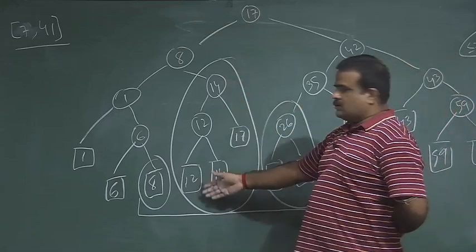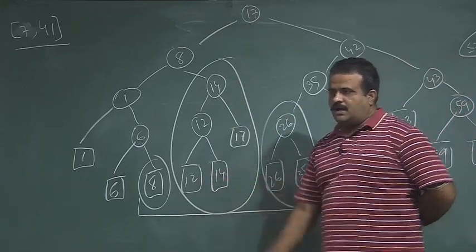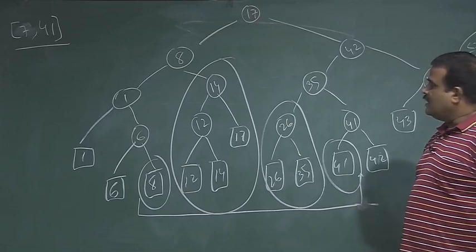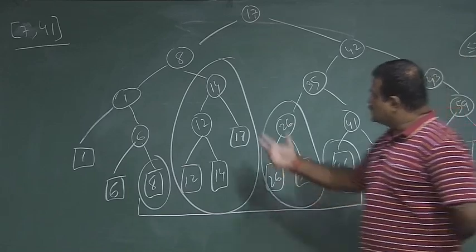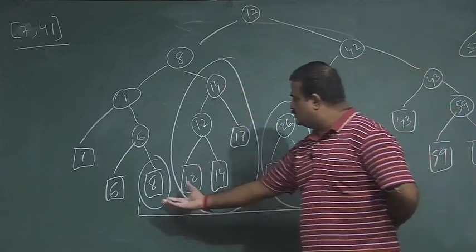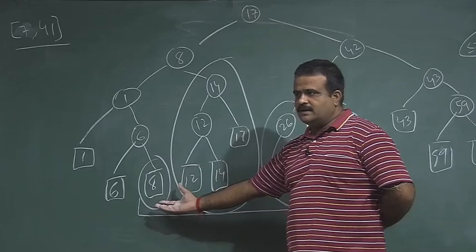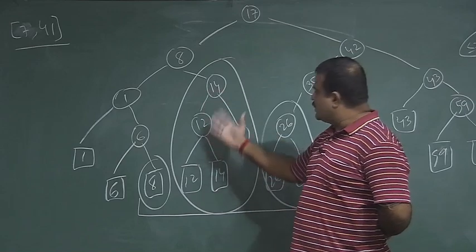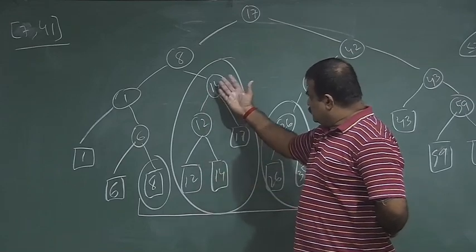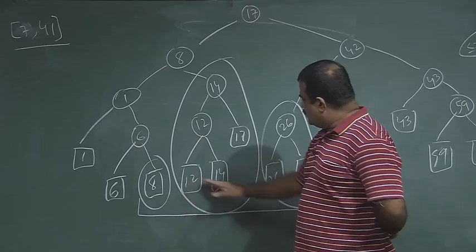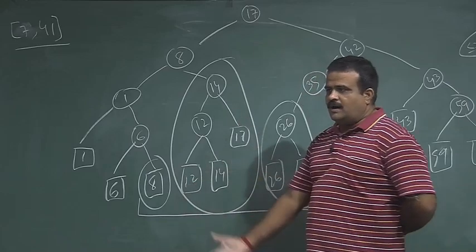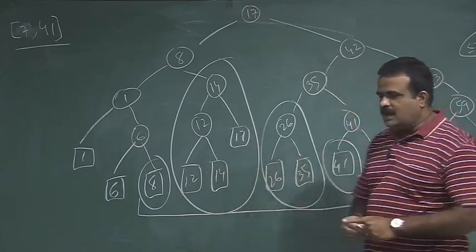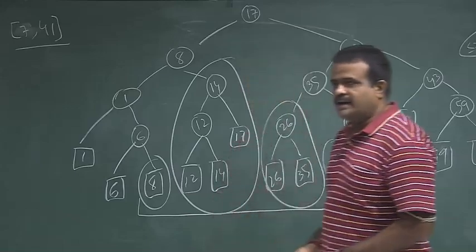Then we can go to the corresponding leaves and output them. That is the idea. We just try to report these subtrees. If we report 8, that means the subtree rooted at 8. If we report 14, the tree rooted at 14, all the leaves of it will be the output. This is the idea of 1D range query.